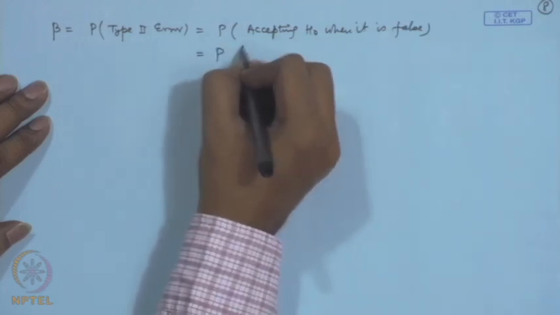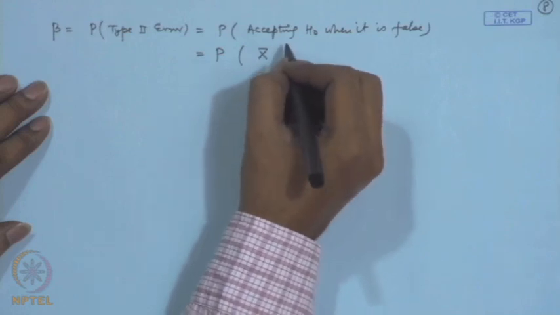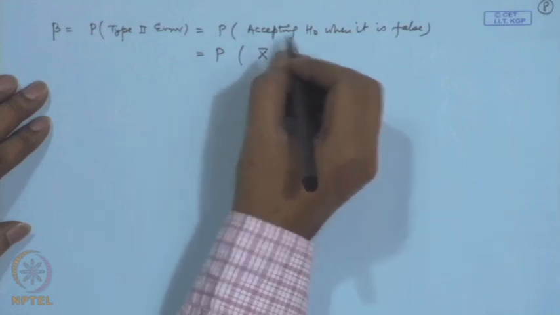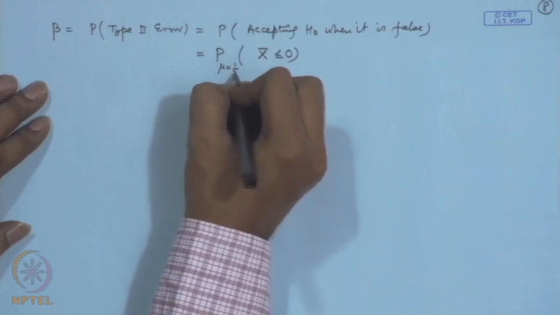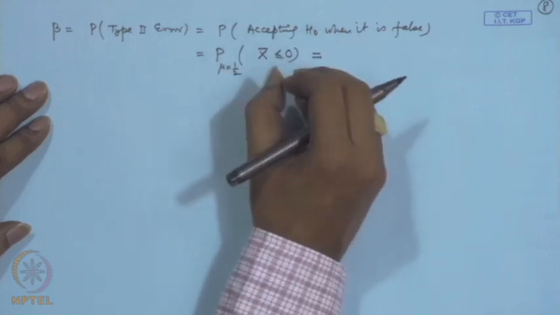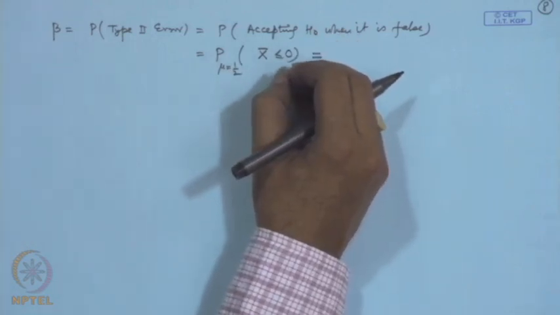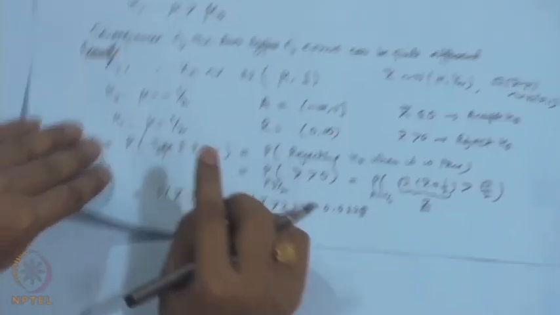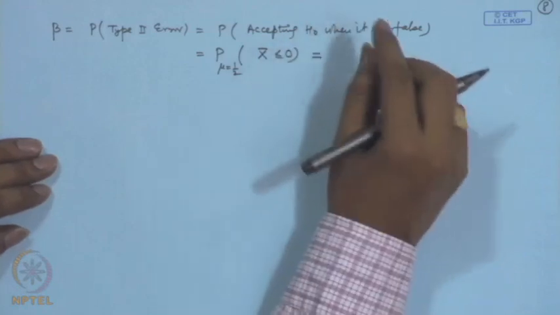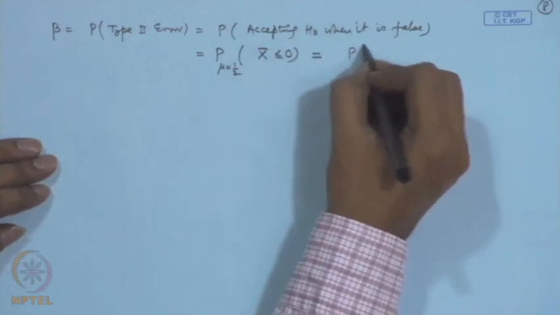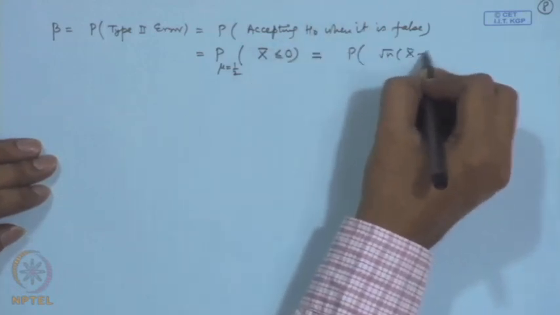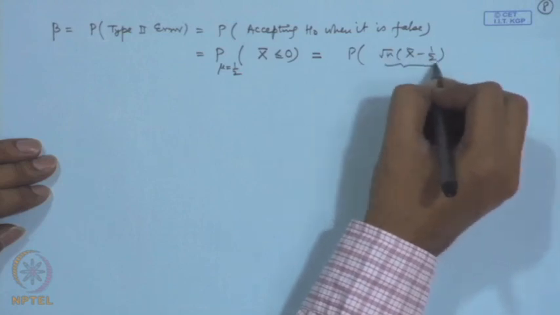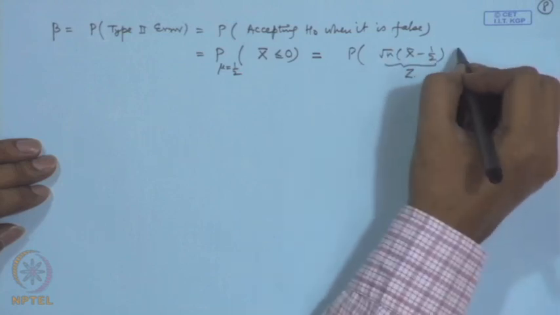That is equal to the probability of x bar less than or equal to 0 when it is false, meaning mu is equal to half, that is, when H 1 is true. Here mu is equal to half. When mu is equal to half, we have root n times (x bar minus half) as the standard normal variable.